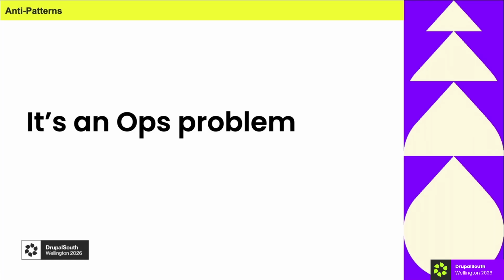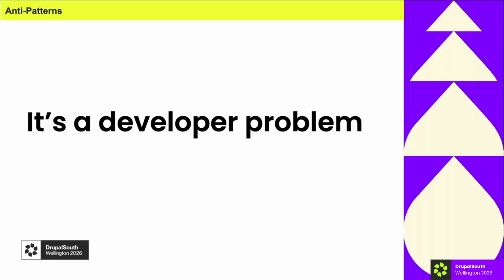Let's have that conversation. Let's figure it out. It goes the other way too, right? The ops person goes, it's the developer's problem, make it faster. No, work together. Figure it out together. Come to the solution together.